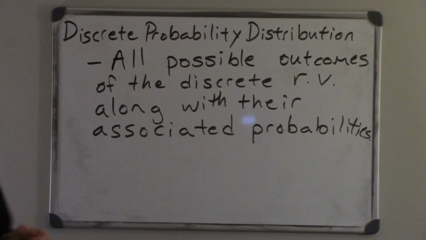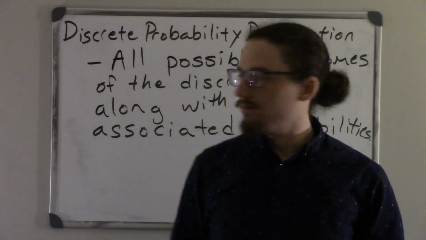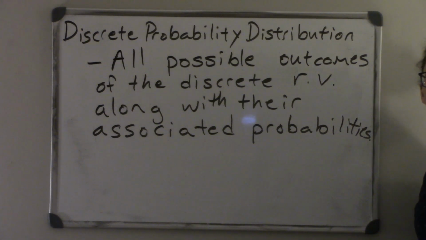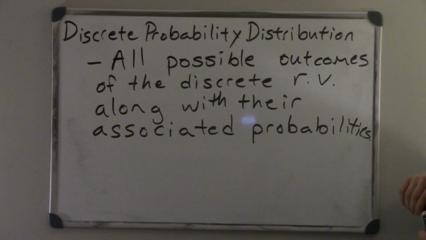All right, so we've already seen an example of this. In the last video, we looked at an example when our experiment was rolling a D4 and recording whatever number is rolled.